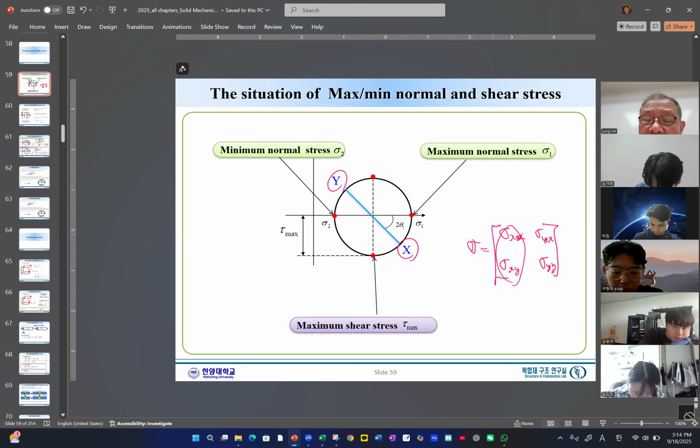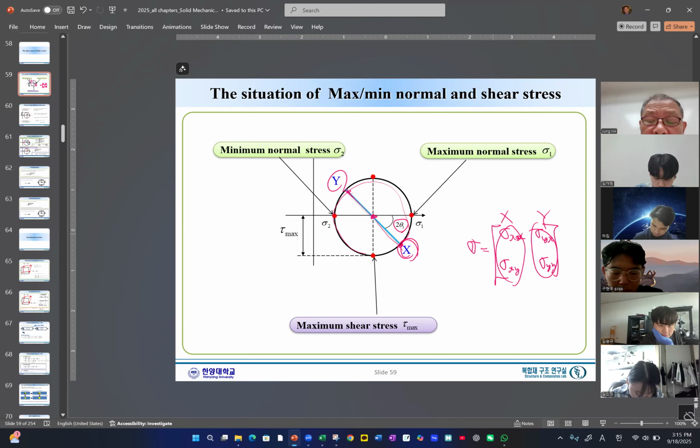From this we got this, and from this we got that. So I will just say this is x and y, and then make a circle because we have a center, we have a diameter, and we can have a circle.